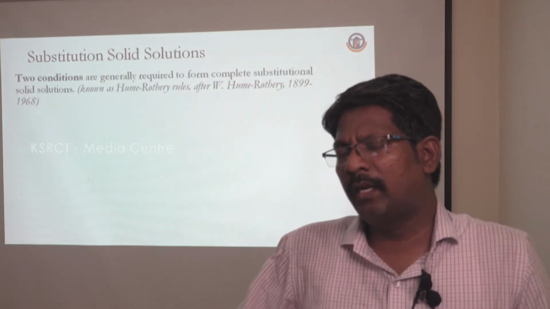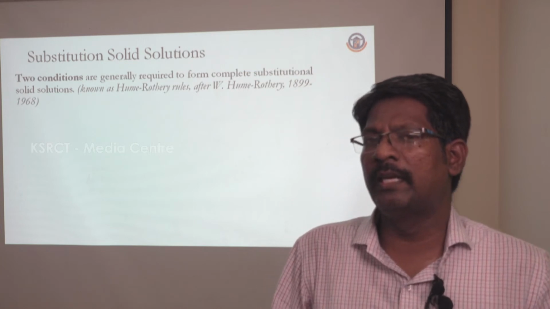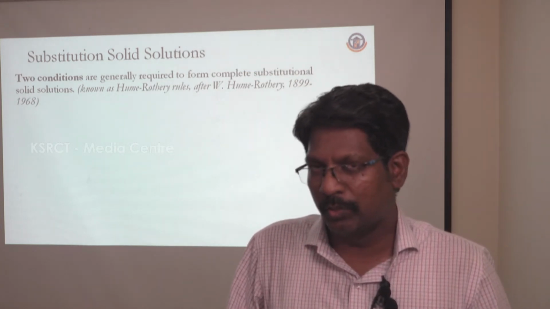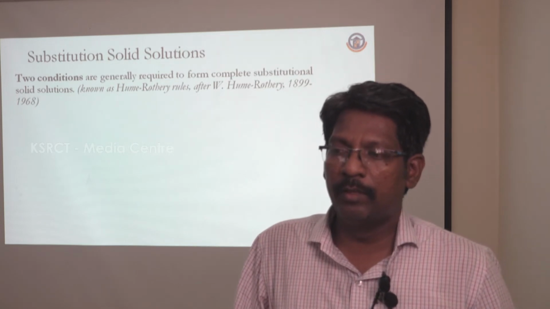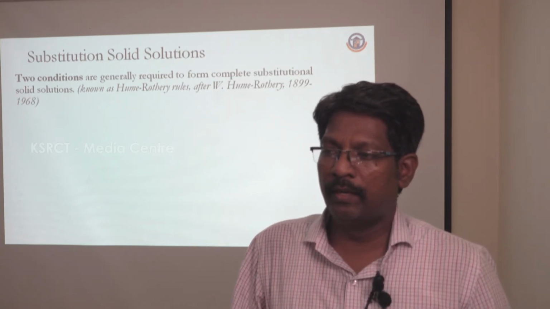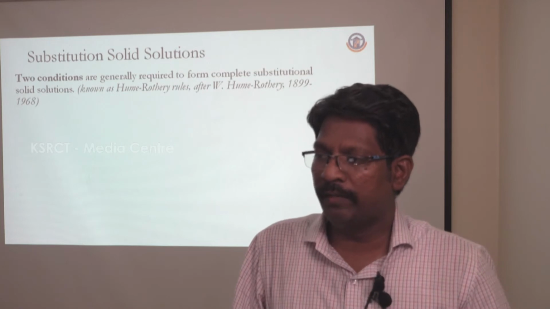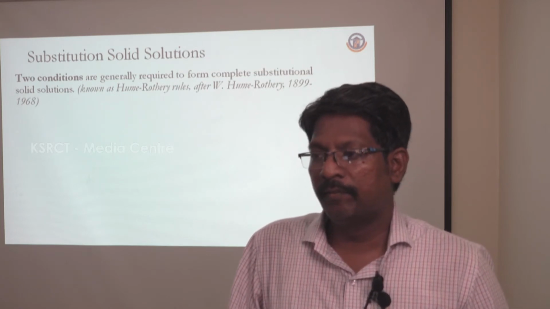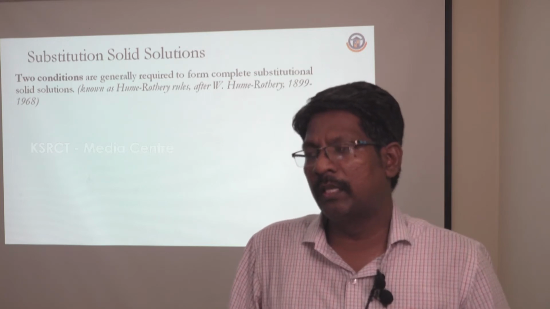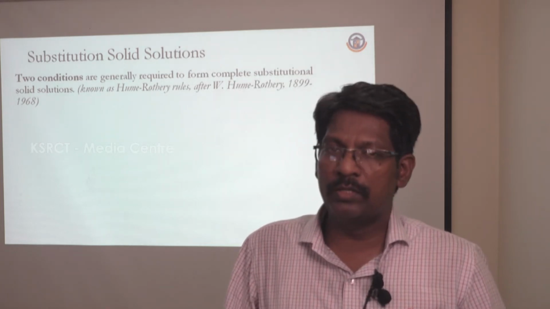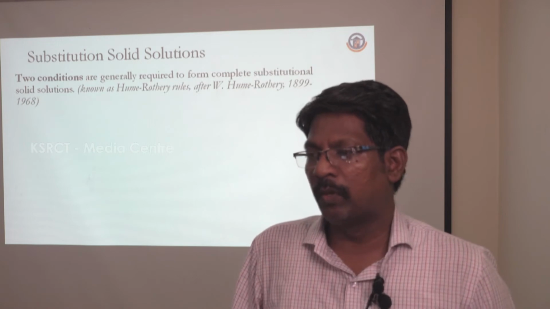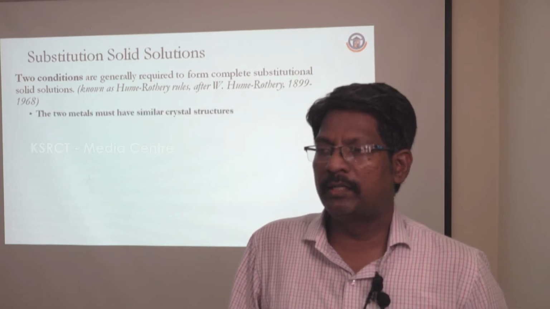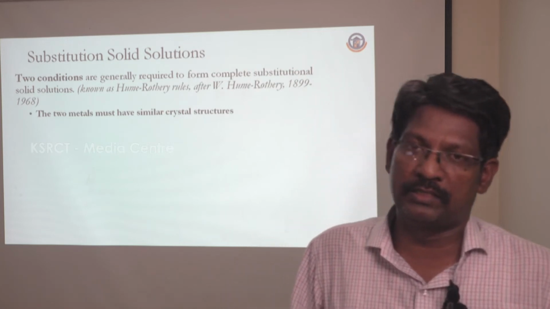There are two conditions that need to be satisfied to form these substitutional solid solutions. These conditions were formulated by W. Hume-Rothery, who lived from 1899 to 1968. So this is known as the Hume-Rothery rules. Let me discuss the conditions. First, the two metals must have a similar crystal structure.